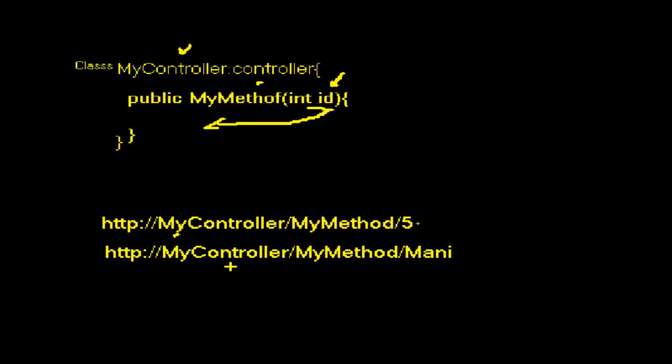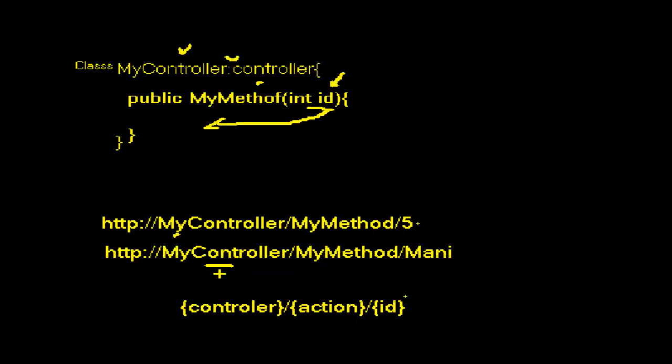The reason is it says my controller and my method. Let's say the map is this one. You have the URL as controller slash action slash ID. So this is the one that you have, and this is the map that you are using.